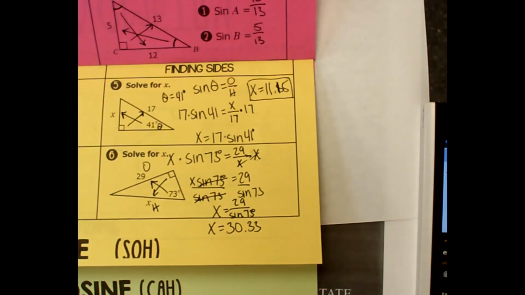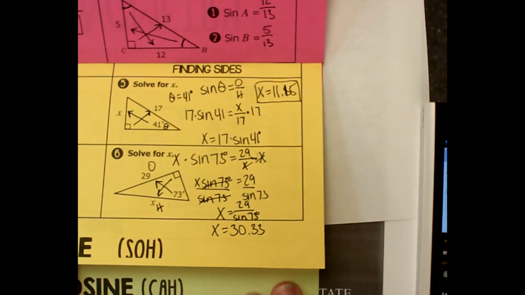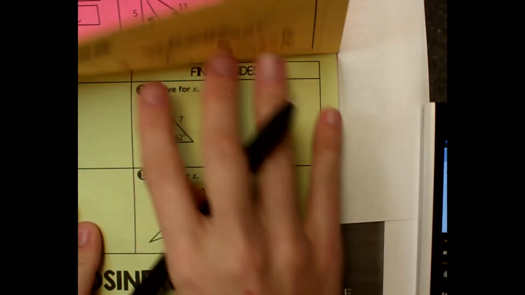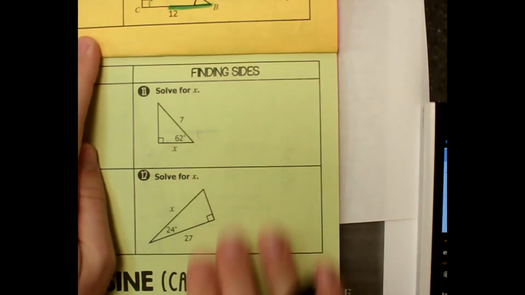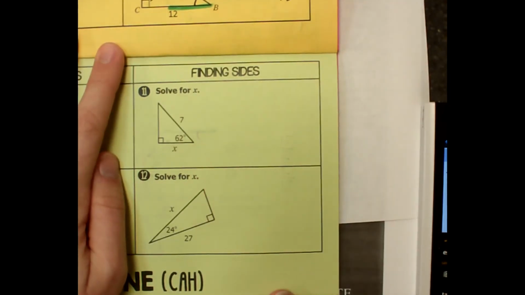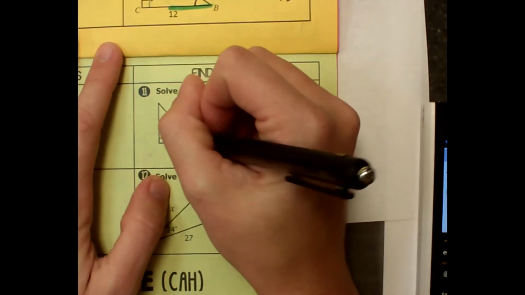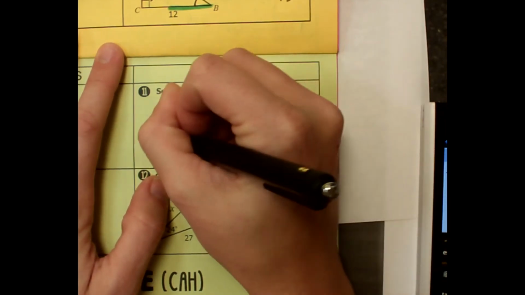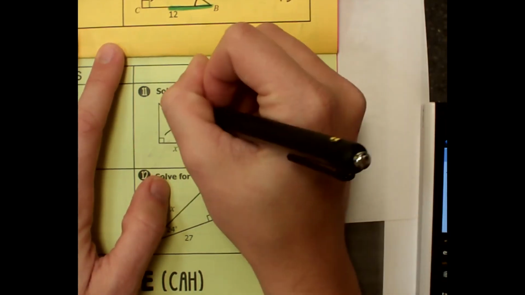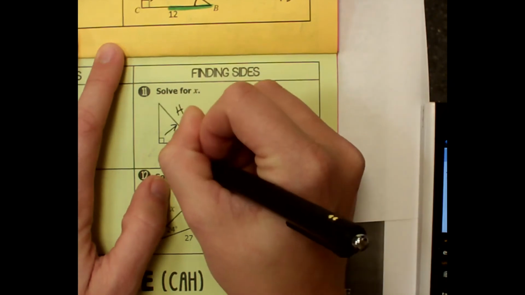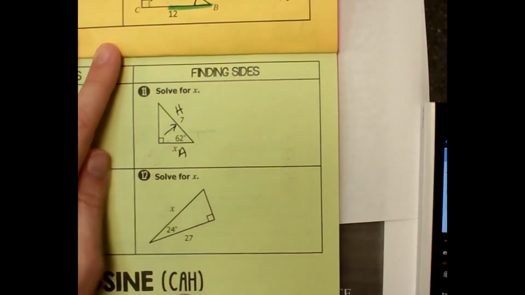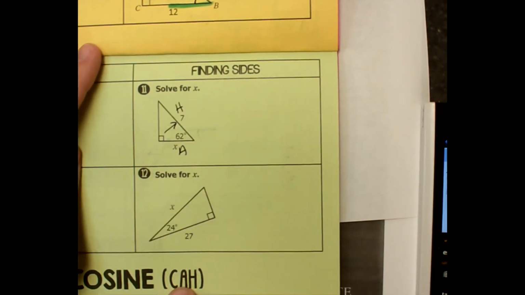Then we're going to move up, and we're going to be doing cosine. There are 2 examples for finding a side here as well. So here's our theta. We were given the adjacent and the hypotenuse. So this is your cosine, CAH.